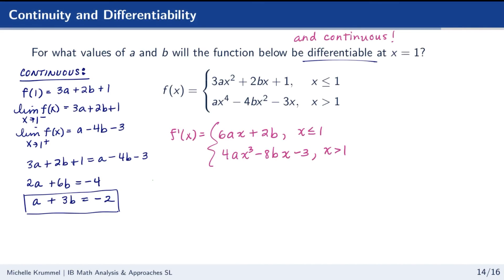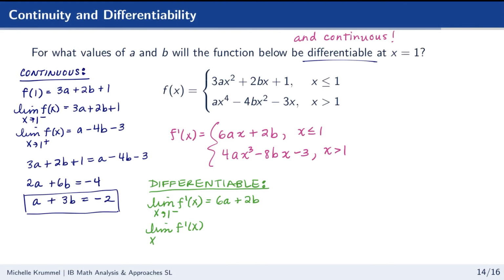All right, so for differentiability, we need the limit of f prime as x approaches 1 from the left. So we're going to substitute 1 in for x into the top piece. That's going to be 6a times 1 plus 2b. And then the limit of f prime as x approaches 1 from the right, we're going to use the bottom piece.